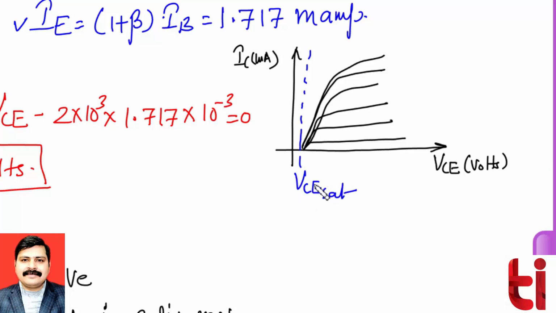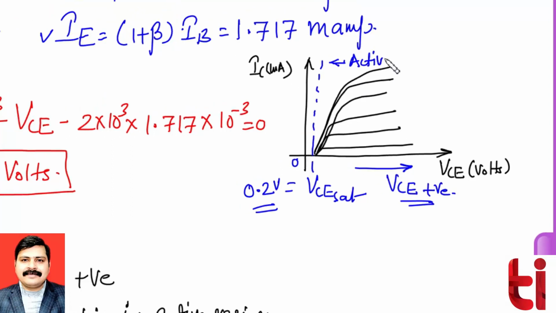And typically this VCE set practically has a voltage of 0.2 volt, or in ideal case one can take this value as 0. So if for NPN transistor my value of VCE is positive, that means my transistor is working somewhere in this region, which is my active region.